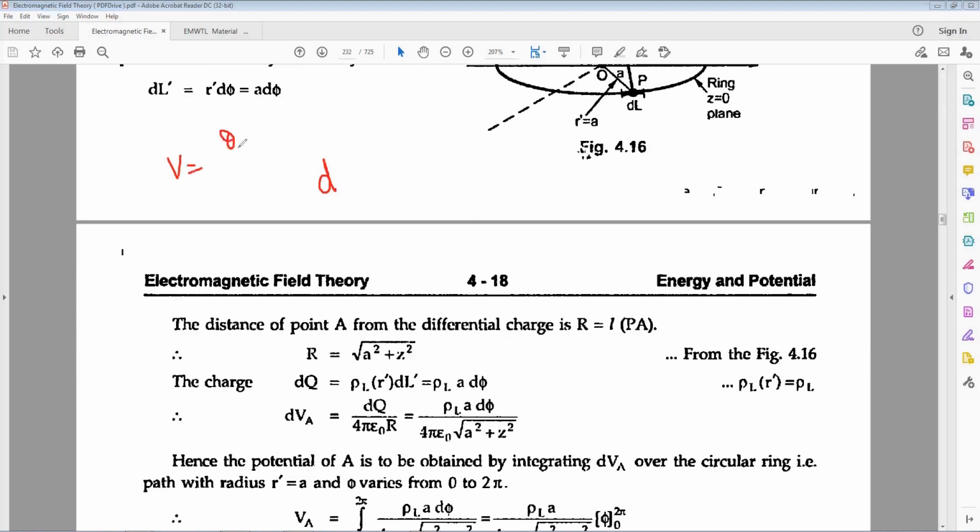Then substitute in the voltage. V is equal to the point charge Q by 4 pi epsilon naught R. And for the differential voltage, you can take the differential charge.